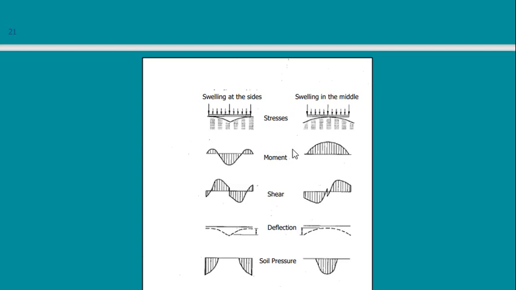This is just for you to understand in case you are faced with a raft on expansive soil. But of course, to have this case without problems, it means that the expansive soil is not that strong. It's just minor expansive soil, so the raft can manage with some additional reinforcement.